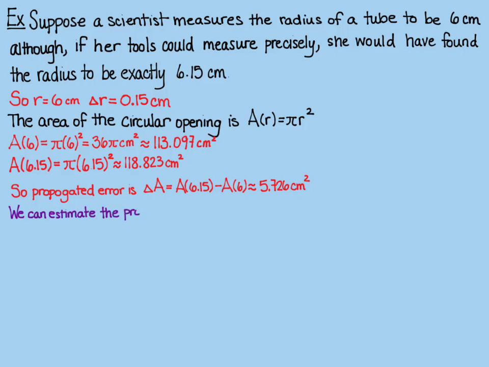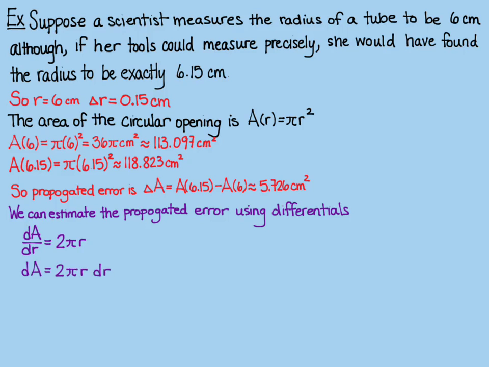We can estimate the propagated error using dA. dA/dr is the derivative of the area formula, which is 2πr.